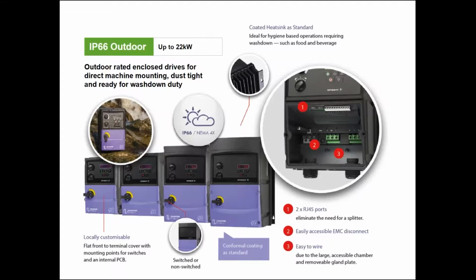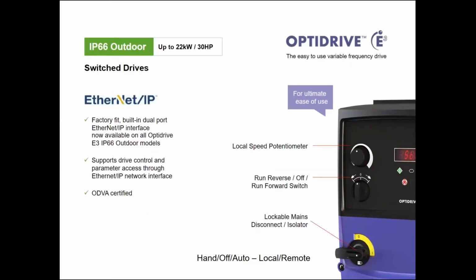Well, this is part of the features of the IP66. For the E3 Optidrive, we have an Ethernet IP separate module. It's basically a converter that converts the embedded protocols to Ethernet IP. There's another module, as I told you before, which is a Profibus DP module.